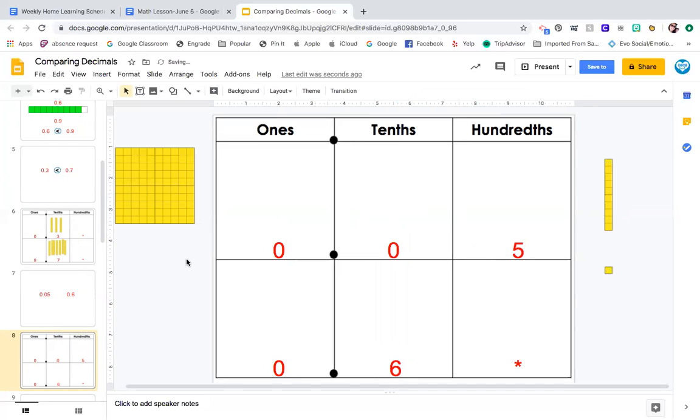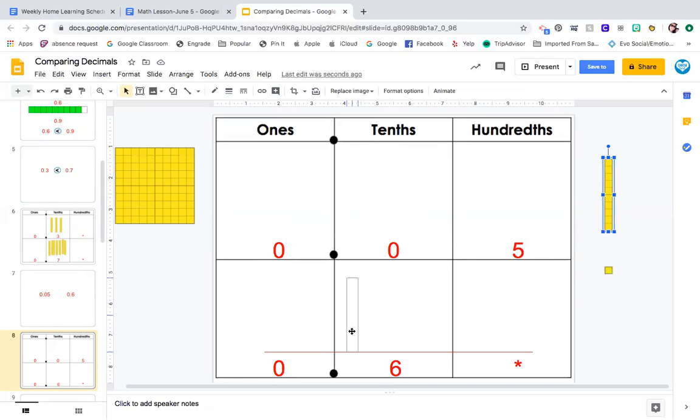All right, let's build these two decimals with these base 10 blocks. Neither one has a ones place, so I don't need to pull over any flats. Here I have 0 in the tenths place, but I have 6 in the tenths place for this one.